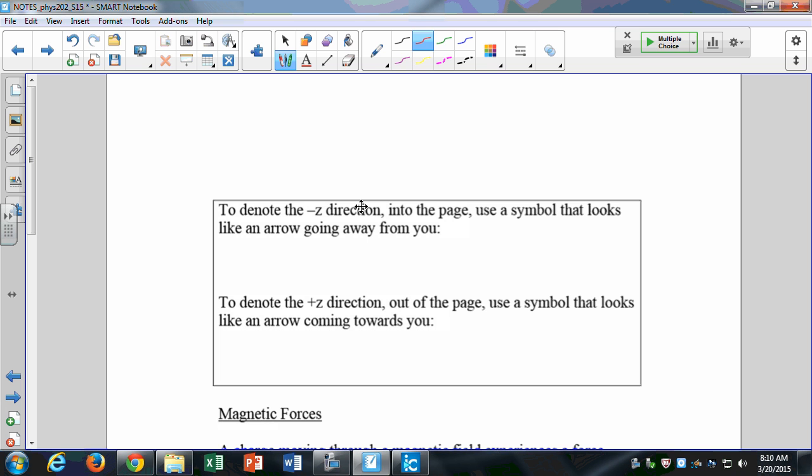We've seen these before, but just to remind you, if we're going in the negative Z direction, that's like an arrow going away from you, we'll use a circle with an X, or maybe just an X. It's supposed to look like the fletching of an arrow as it goes away from you, the feathers on an arrow. And the plus Z direction is supposed to look like an arrow coming towards you, like a circle with a dot on it. So if you have an arrow coming towards your face, that's what it would look like.